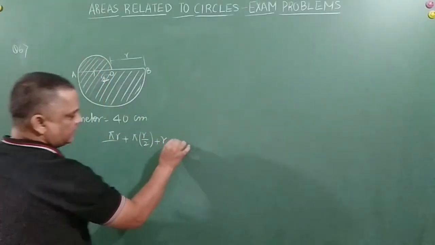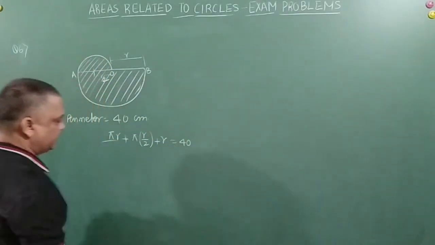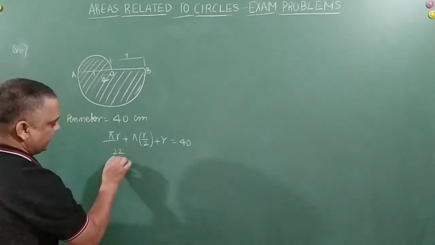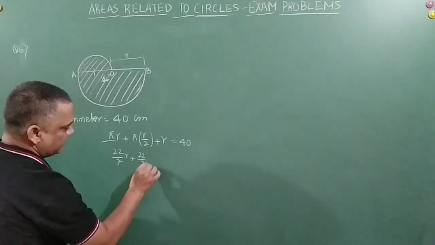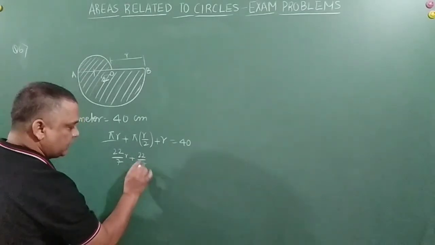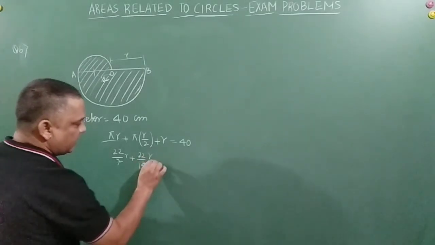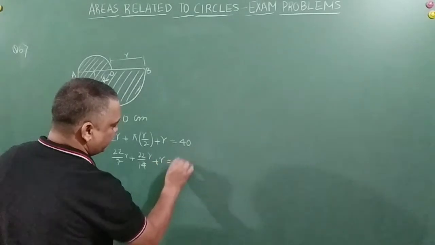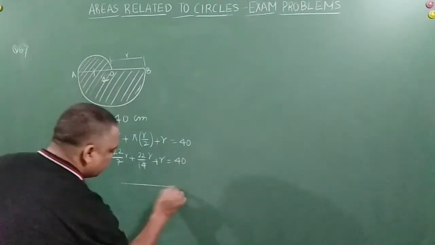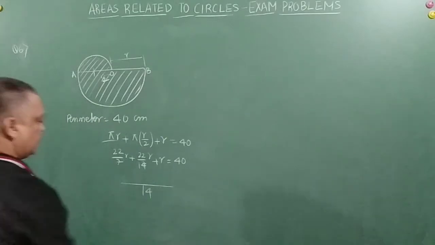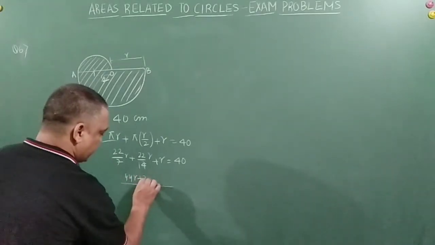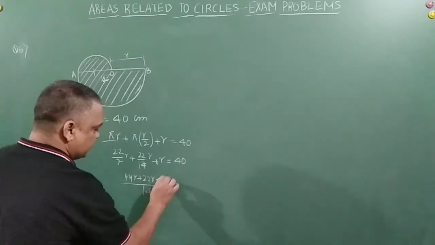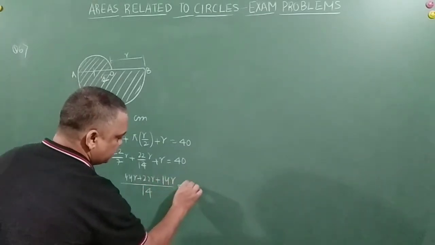So solving it, this is 40, right? So this is 22 by 7 into r plus 22 by 7 into r by 2 plus r is equal to 40, right? So taking 14 as LCM, this becomes 44r plus 22r plus 14r is equal to 40 into 14.